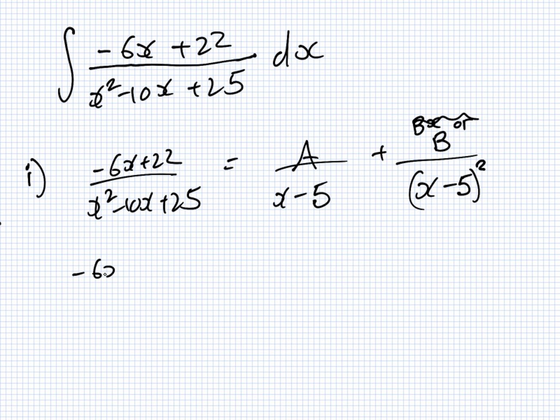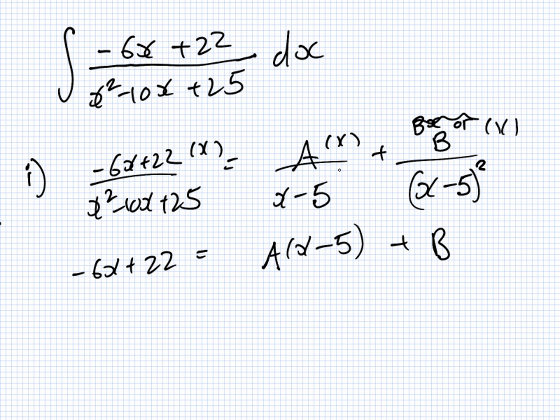So I get minus 6x plus 22 equals A times x minus 5 plus b. Yeah, because I multiply by x minus 5, x minus 5. So one of them cancels one of them, and both of these cancel that.